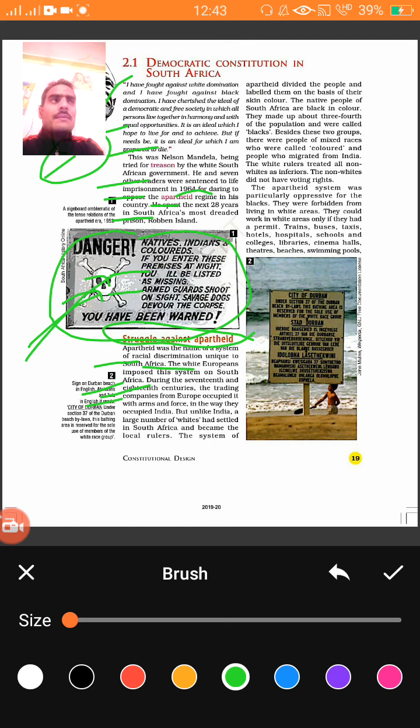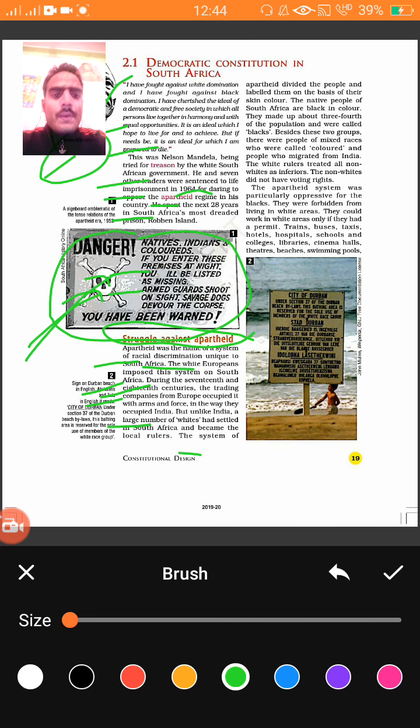18th century में यूरोपियन कंपनीज ने occupied the whole South Africa with the force of arms and power. In the way they occupied India, जैसे India को occupy किया था. Are you understanding, students? But unlike India, a larger number of whites had settled in South Africa and became the local rulers.